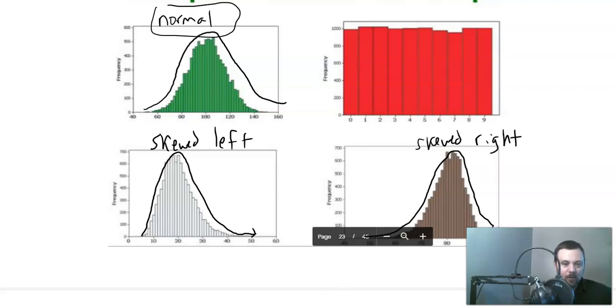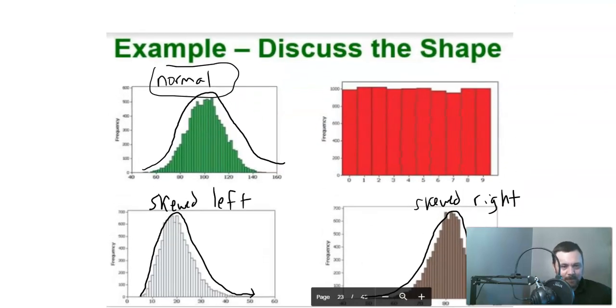And this other one that I conveniently skipped over actually does have a name. So this is none of those things. It's not normal. It's not skewed left because we don't have a clump just to the left. It's not skewed right because we don't have a clump just to the right. This is fairly evenly distributed. The data values are equally distributed among the range of possible values, right? We have about the same number around 0 that we do around 1, that we do around 2.